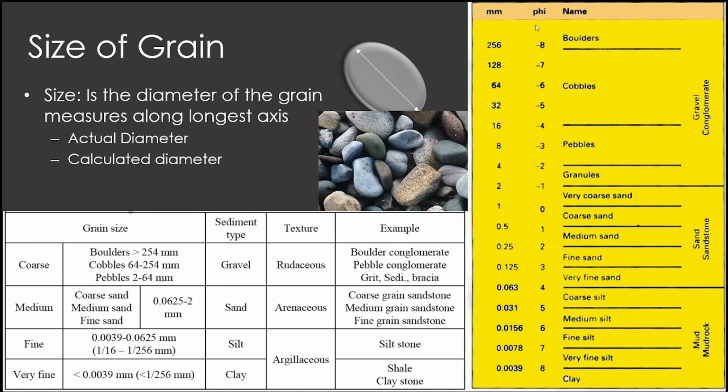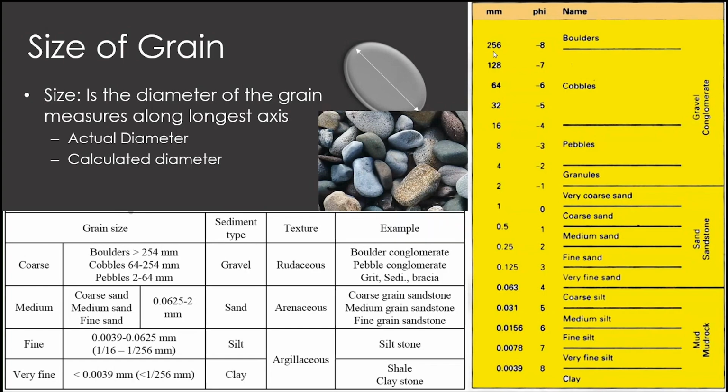The second is a different scale instead of millimeter, because in millimeter there are so many fractional values, so it is difficult for computation purposes. So there is another scale representing the size of the grains, that we call the phi scale. The phi scale is nothing but the negative logarithm of the millimeter value to base 2.